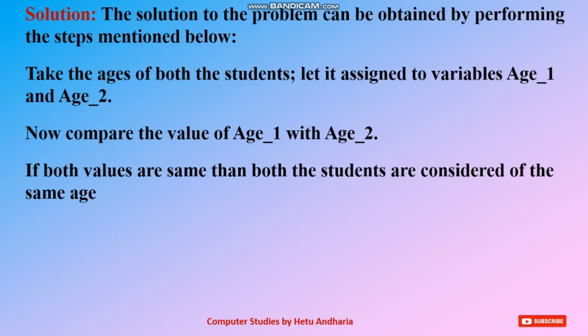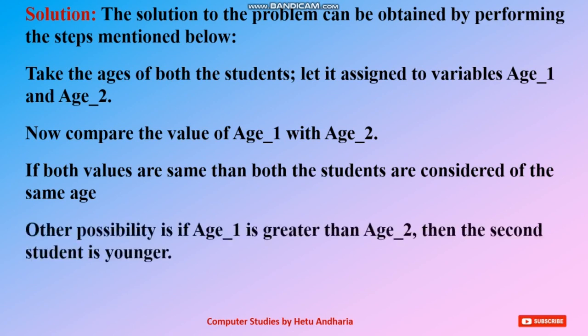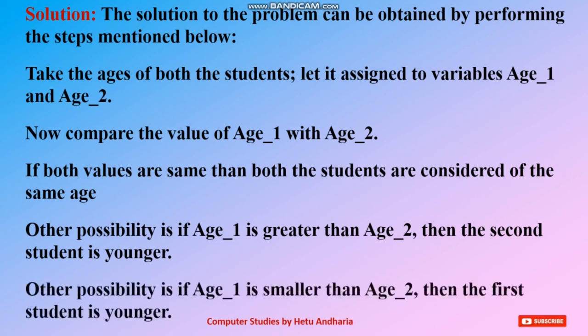Both could be 15 years, 14 years, whatever. Another possibility is that if age 1 is greater than age 2, then the second student is younger. And the third possibility is that if age 1, that is the age of the first student, is smaller than that of the second student, then the first student will be younger. So these are the three possible outcomes.